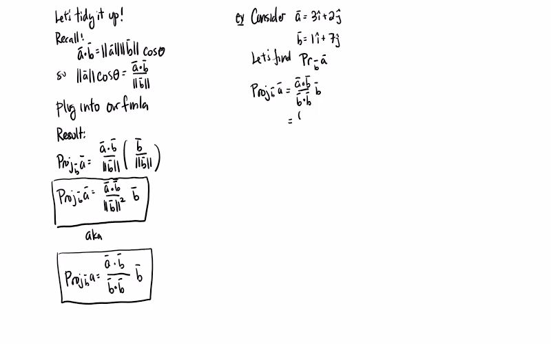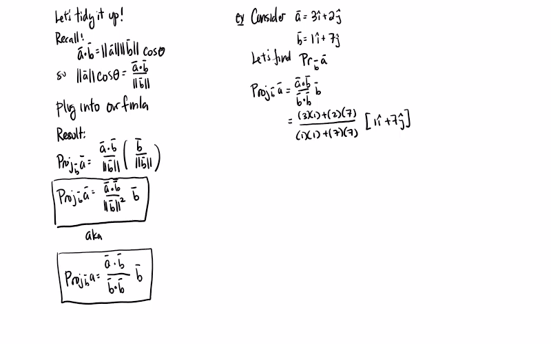So A dot B is 3 times 1 plus 2 times 7. B dot B is B dotted with itself, 1 times 1 plus 7 times 7. This is all multiplied by the vector B. The reason for writing it this way is so that the thing in front is the scalar.